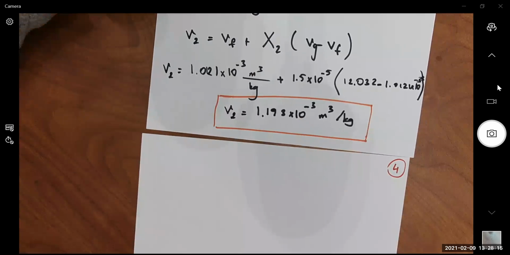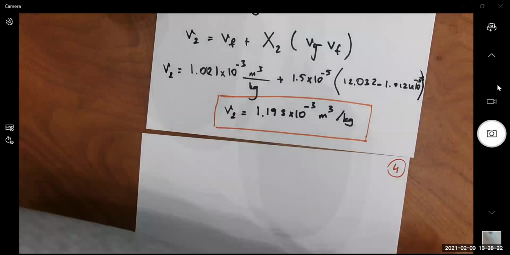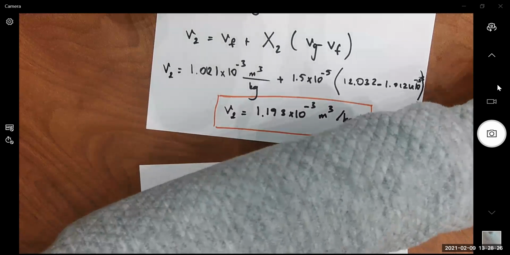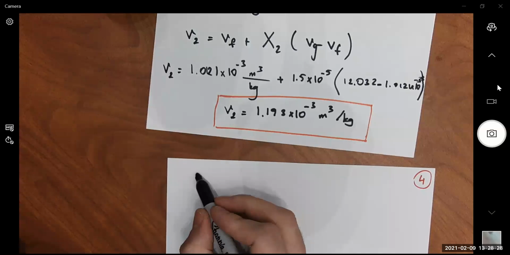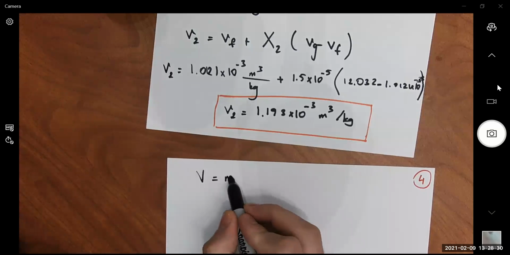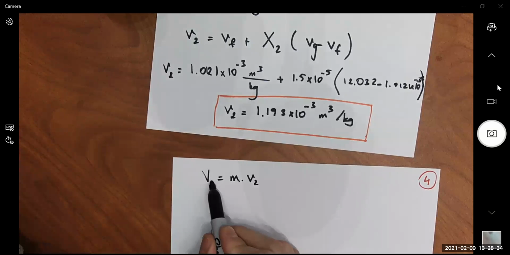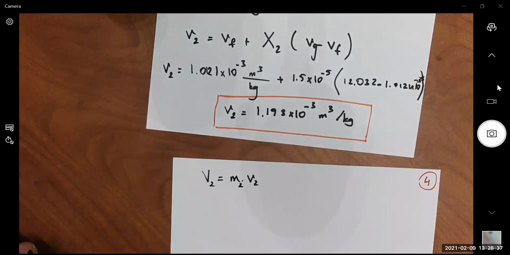Okay, now I have my specific volume at state 2. Right? Now I'm ready to calculate the volume of the tank. Volume is mass times specific volume at state 2. I know my mass, I know my specific volume.